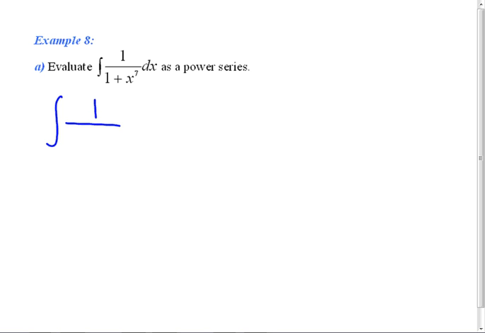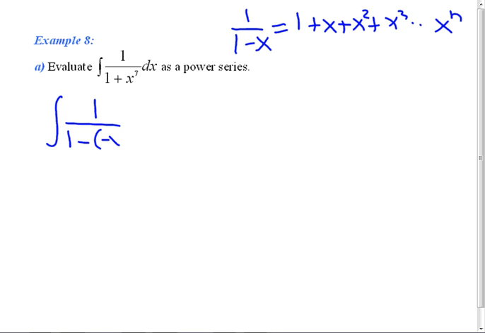It's 1, because all I know is this. What is this as a series? 1 plus x plus x squared plus x cubed, up to x to the n, right? So how can I get this to be in that form? 1 minus negative x to the 7th. If you did the homework, then you know what I'm talking about.